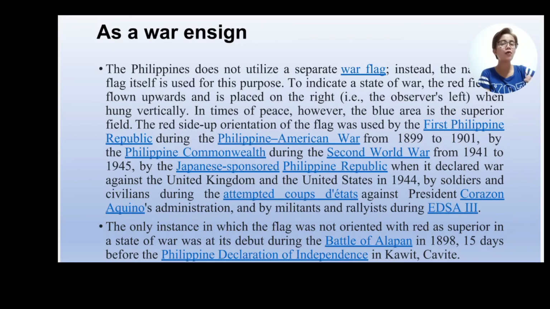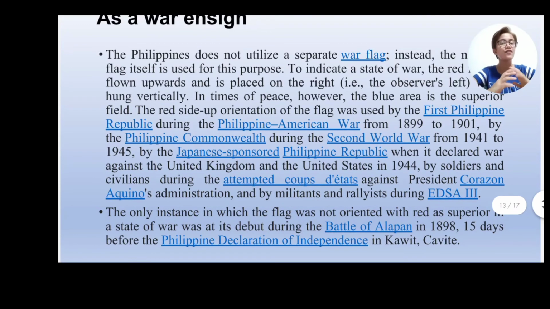So this is the only time or war nga wala gigamit atong flag because wala pa na-officiate ang atong flag as flag of the Philippines or wala pa giila nga ang flag nga gidesign ni Emilio Aguinaldo is gamito nato as ato ang national flag because nahitabo ang Battle of Alapan 15 days before gideclare ang independence sa Pilipinas dito sa Kawit, Cavite.